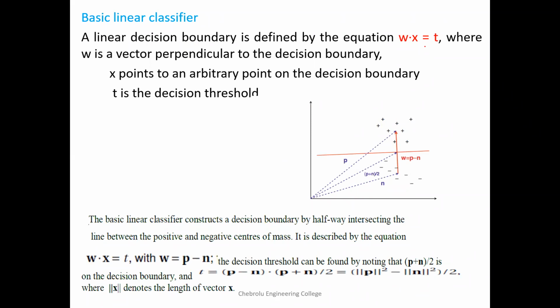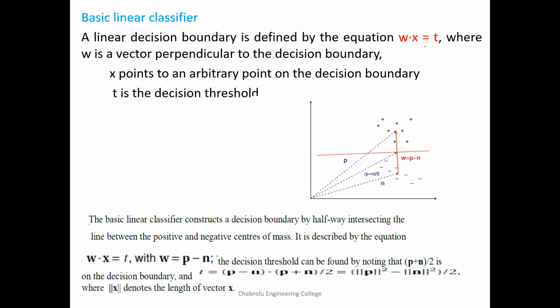A linear decision boundary is defined by the equation w·x = t, where w is a vector. Vector means it's a point, given with two values. And w is a perpendicular vector to the decision boundary. x points to an arbitrary point on the decision boundary. t is the decision threshold.